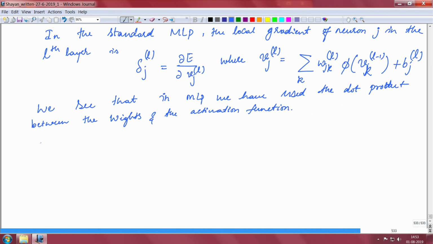However, in CNN this is replaced by the convolution operator.